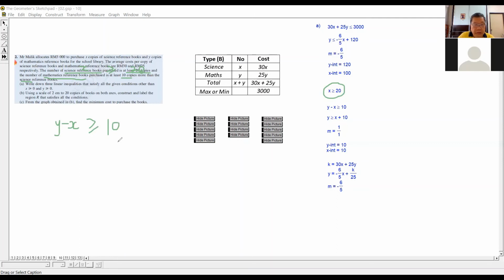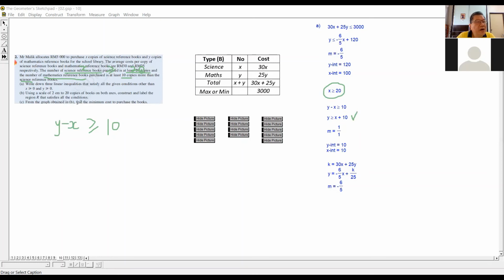Once again, maths reference book must be more than the science reference book, so I use y minus x. This will show us how much the y is more than the x. Now, how much is it? They say at least 10 copies, so must be greater than or equal to 10. So that's how I get this second inequality, right?